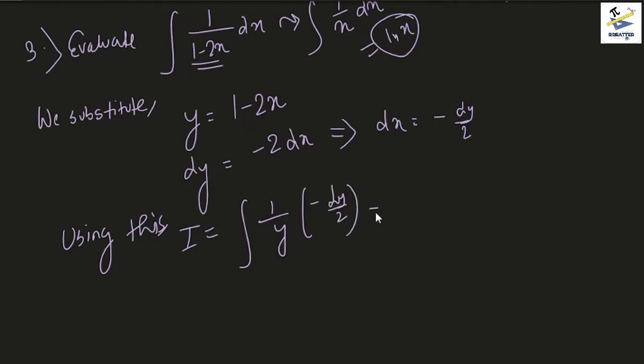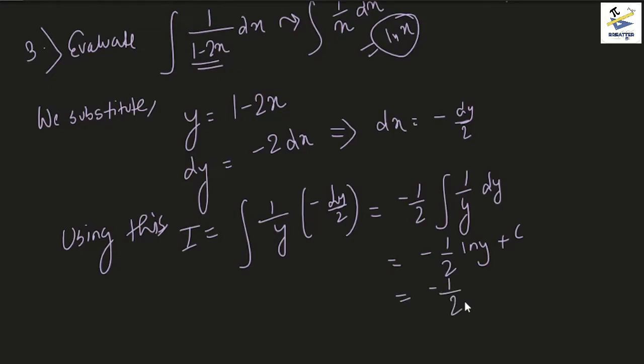The constant minus 1 by 2 comes out, and we have 1 by y dy. Now this gives minus 1 by 2 ln of y plus c, and it's time to put back what we have substituted, which gives minus 1 by 2 ln of 1 minus 2x plus c.